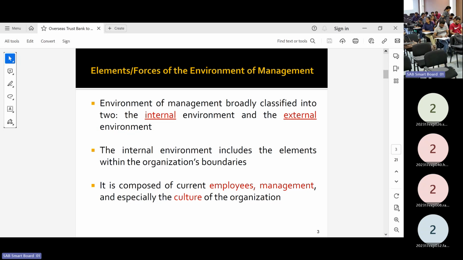Internal, external: all these are discussed for an organization, for a company or a firm. The internal environment includes the elements within the organization's boundary. That is the meaning of the internal environment.